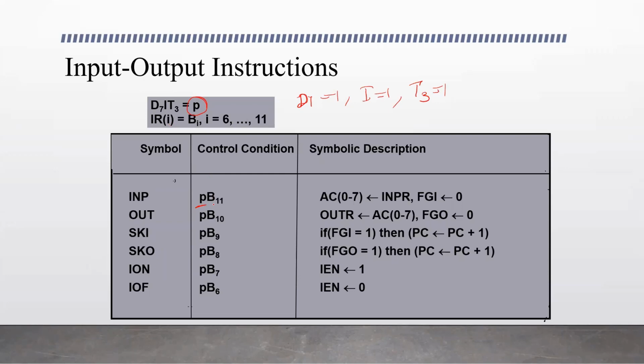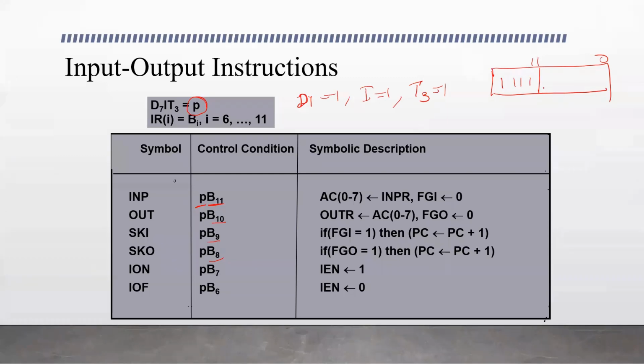The second part of this control condition, B11, B10, B9, B8, indicates the ith bit, where i is 6 to 11 of the instruction register, bits 0 to 11. The opcode is 111 and I is 1 for input output instruction.